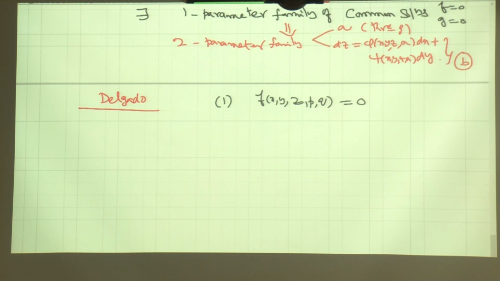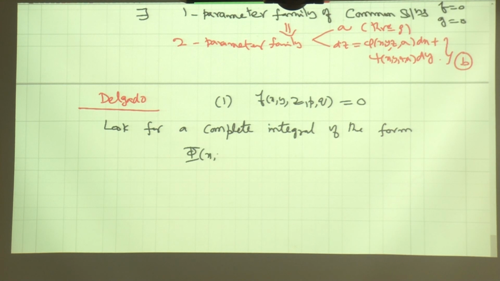So we will look for a complete integral for this. The usual thing is phi of x, y, z, a, b equal to 0. No, but we will look for a specific form. So look for a complete integral of the form phi of x, y, z, a, equal to b, with psi of x, y, z, a.